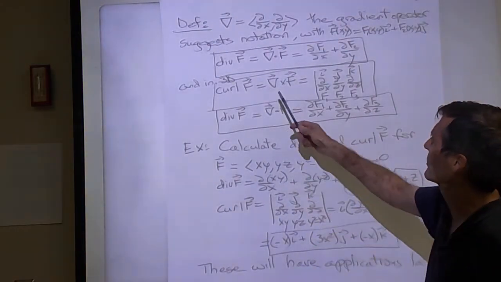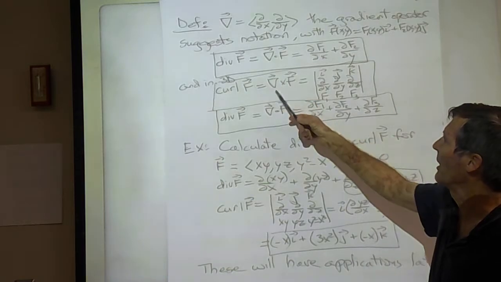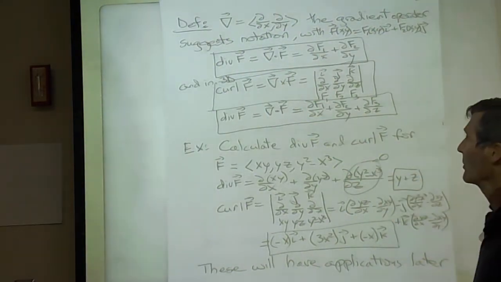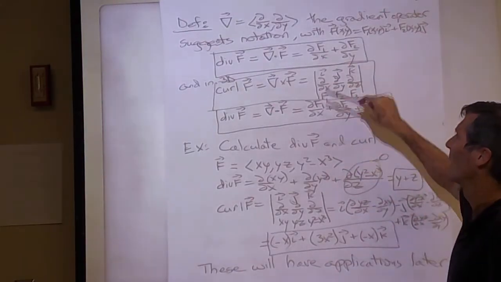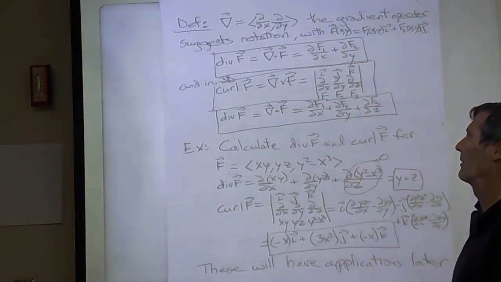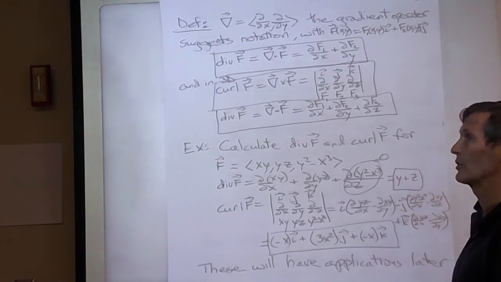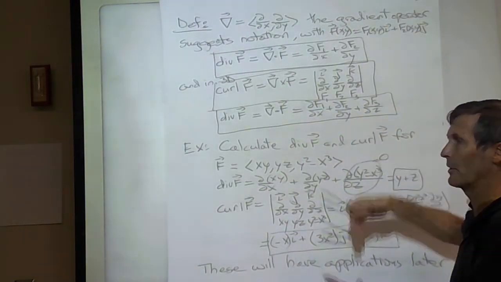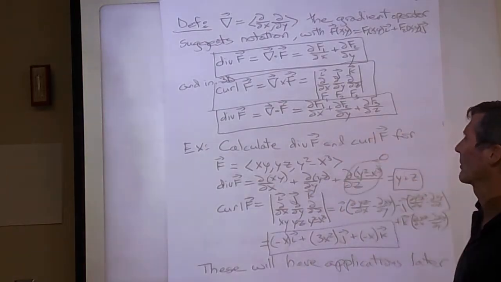The curl also, if we have f we can take del cross f, and we'll call that the curl. The divergence is useful in things like fluid flow, how much is going outward radially. The curl is like the second example, how much circulation is there. We can use the curl to measure that in some of the later sections coming up.